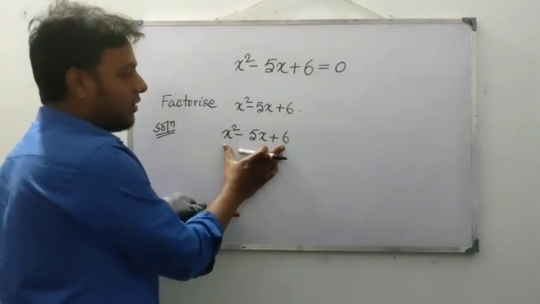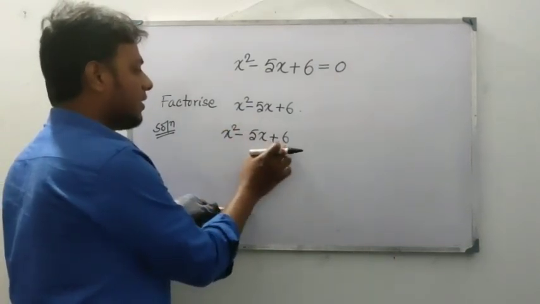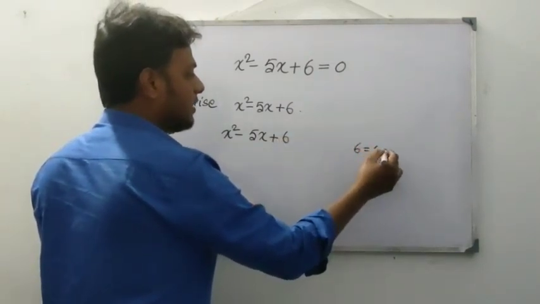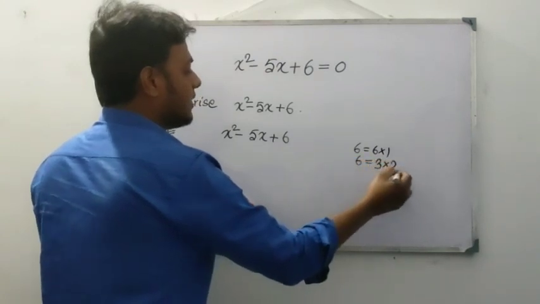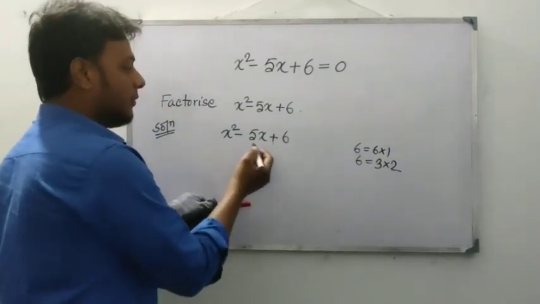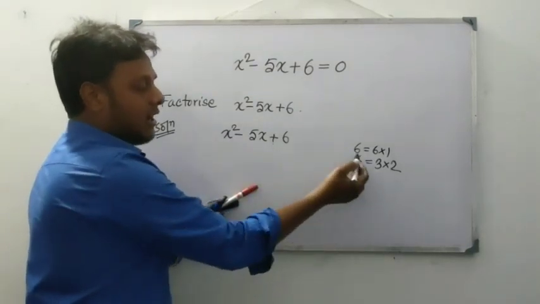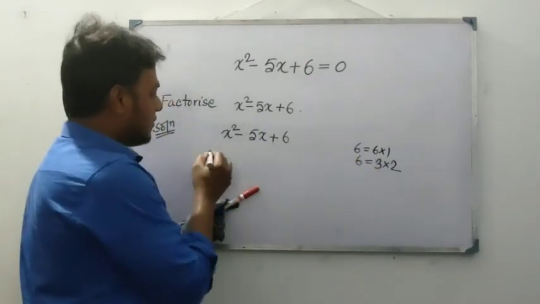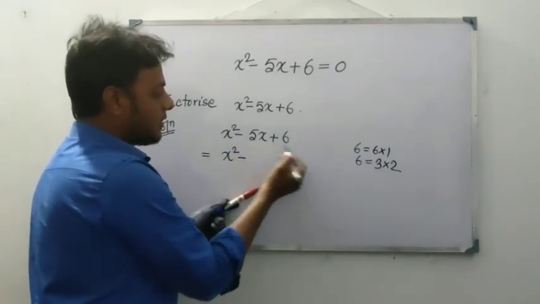Here the two extremities are 1 and 6, so ultimately 6. 6 can be broken into 6 into 1, and 6 also can be written as 3 into 2. Since the last term is plus, you have to match the middle term by adding these two factors, so in place of 5 we write 3 plus 2.